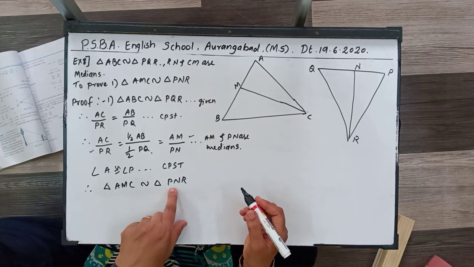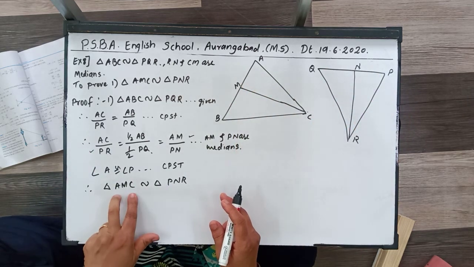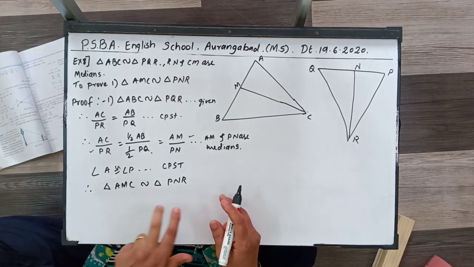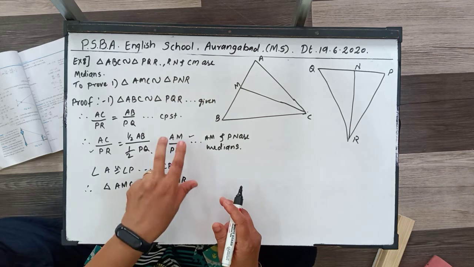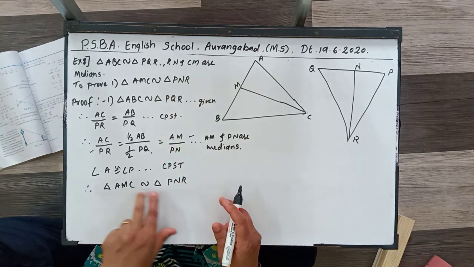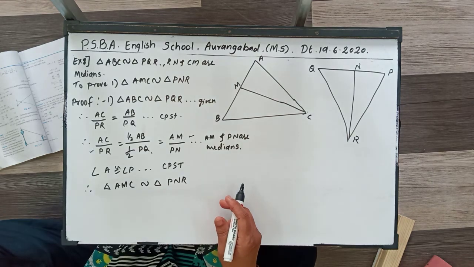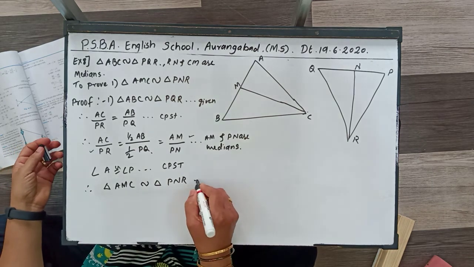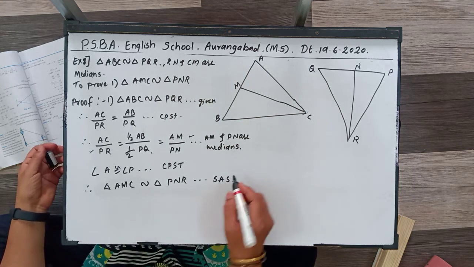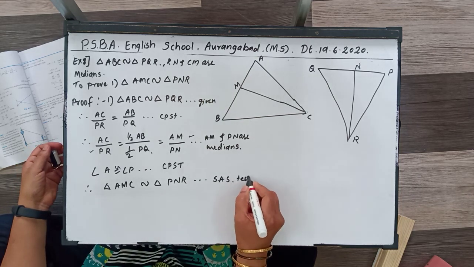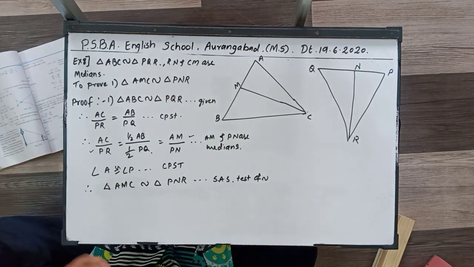A is congruent with P. Correct, we got. Then AC, first and third letter, similar with PR, first and third letter. Correct. Then second we got AM, first and second letter, is similar with PN, first and second letter. It does come correct. Therefore, we can write here SAS test of similarity. So the first part is over for us.